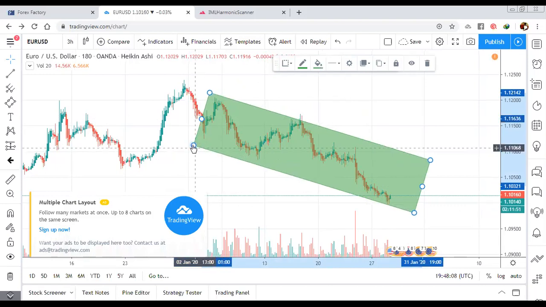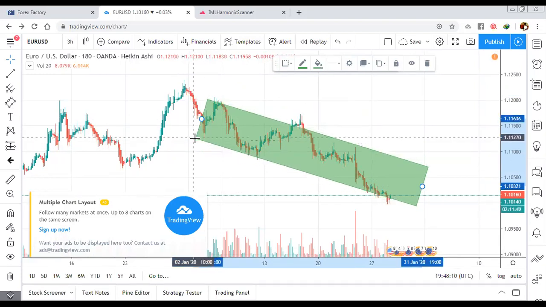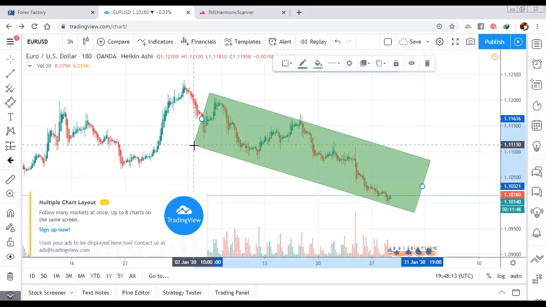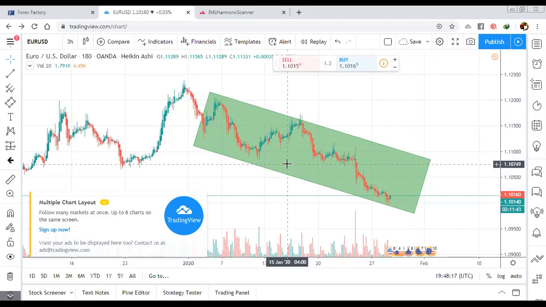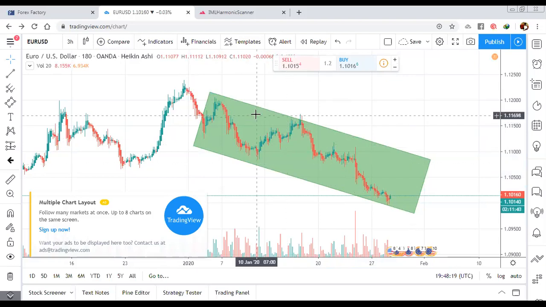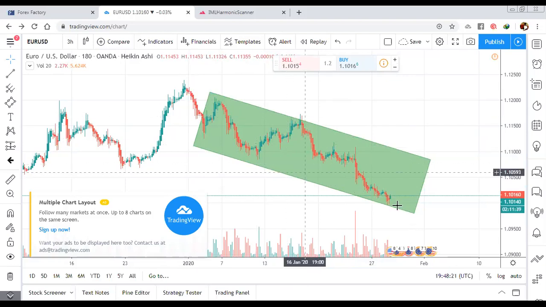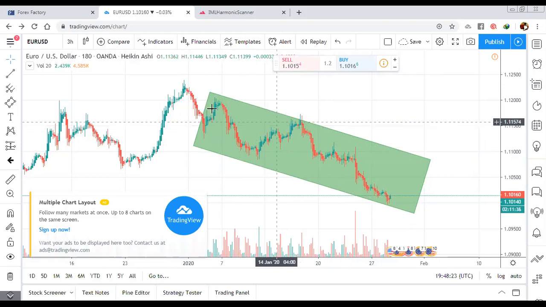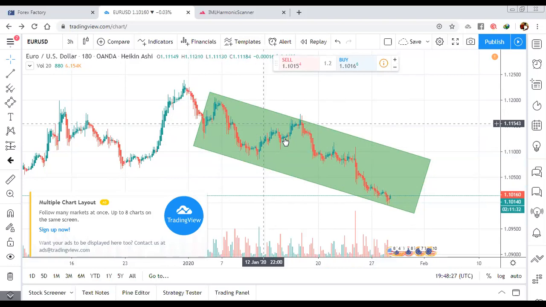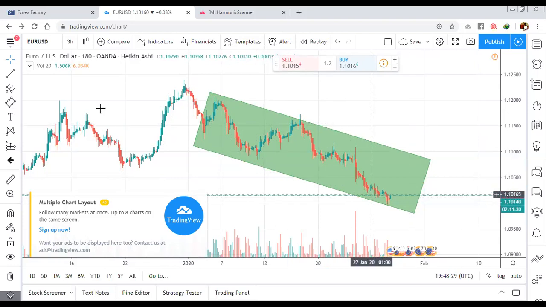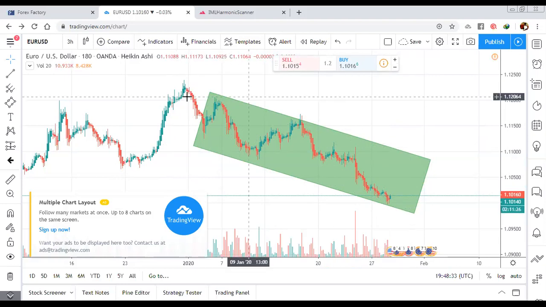I can tell you this market is going down because the market is in the sell zone. Look at it. It is making a downward movement inside the box, and the box is facing downward. So this market is trending downwards. This is a channel.